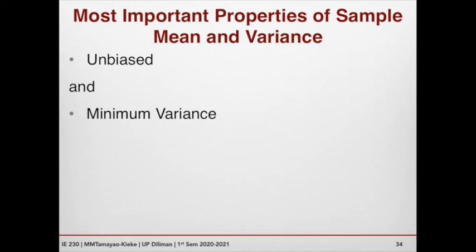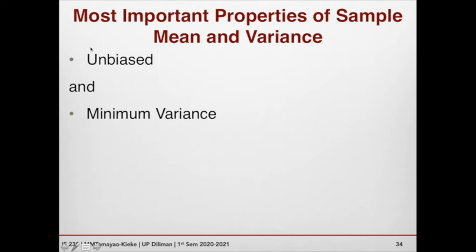Two of the most important properties of a good estimator are the following. The point estimator should be unbiased, and that means that the long-run average or expected value of the point estimator should be equal to the parameter being estimated. Now, an unbiased estimator should have minimum variance.